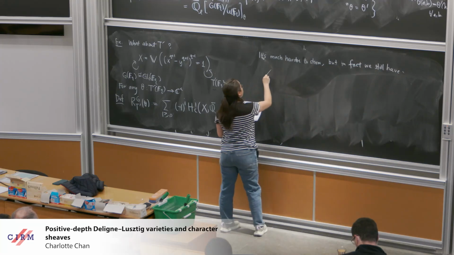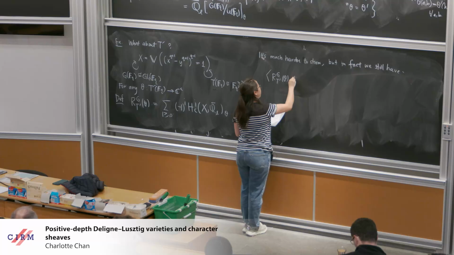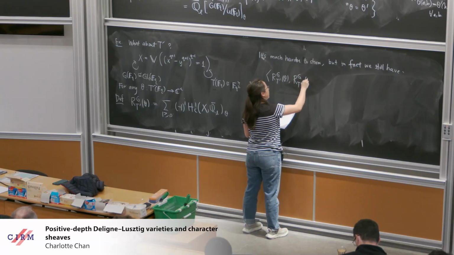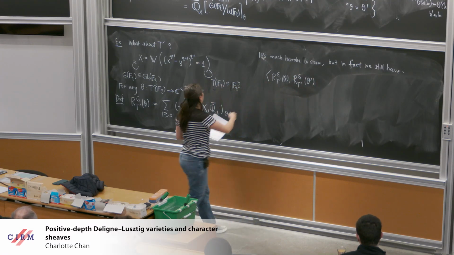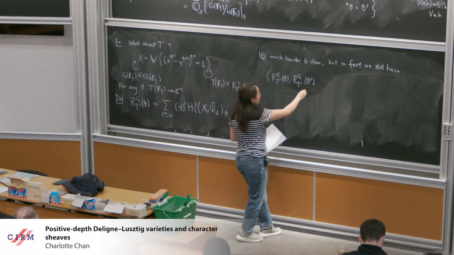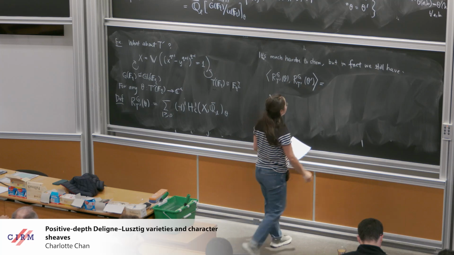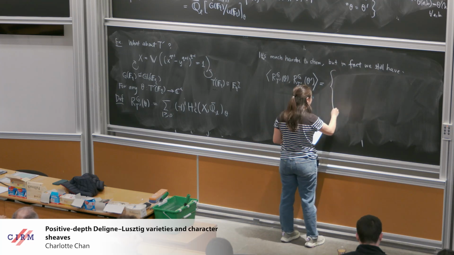But in fact, one still has that R_T' G theta, R_T' G theta prime. So now theta and theta prime are characters of this T' of F_q, not the one over there. This also has 2, 1, or 0.